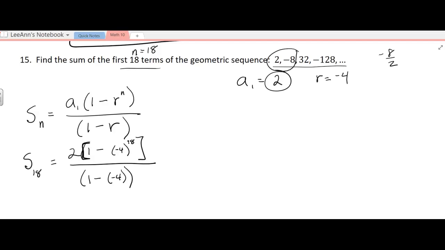Okay, there's some things we can do maybe to make this a little bit easier. So 2 times 1 minus -4 to the 18th. Now I could worry about the signs, but I'm not going to, but I could. And then in the bottom, that's 1 plus 4, which is 5. Okay, so that'll make it a little bit easier.